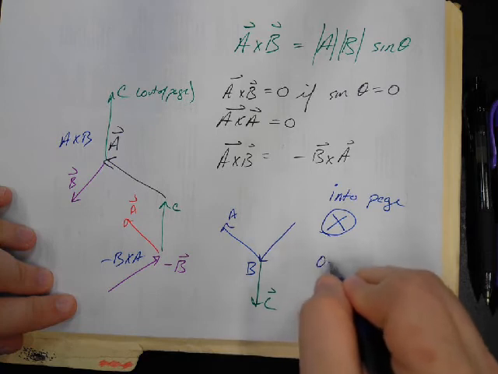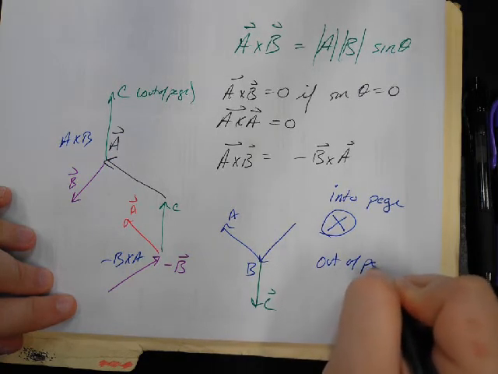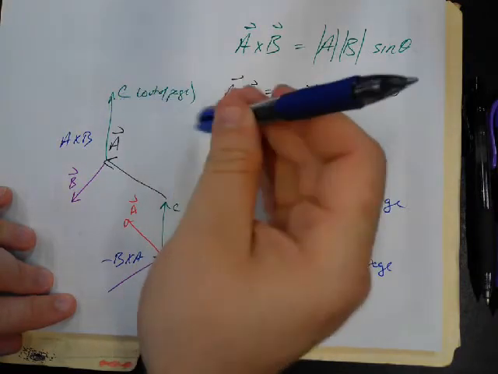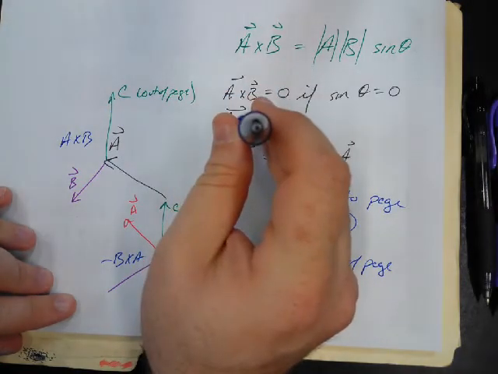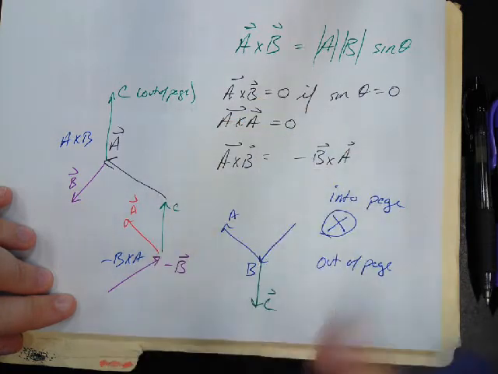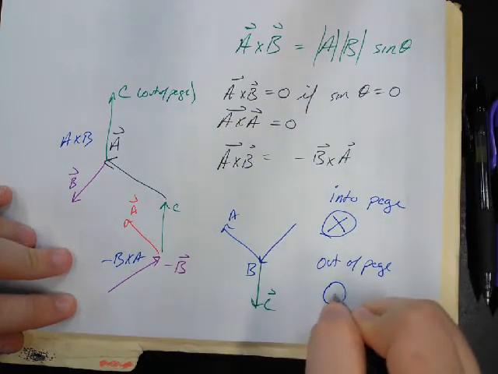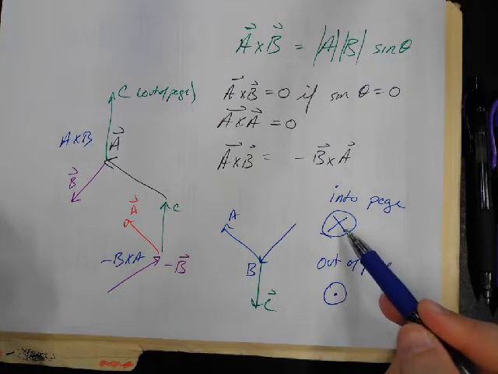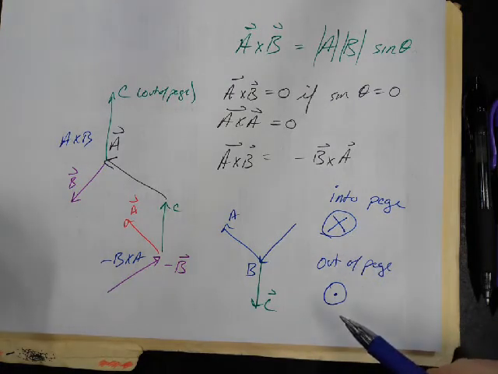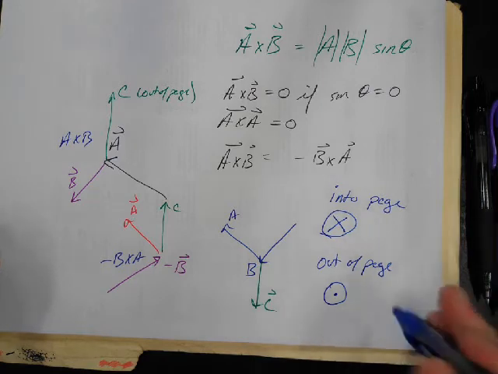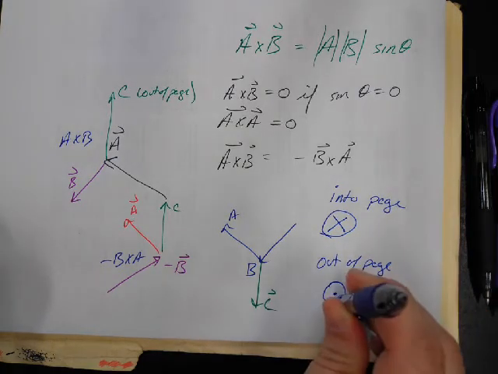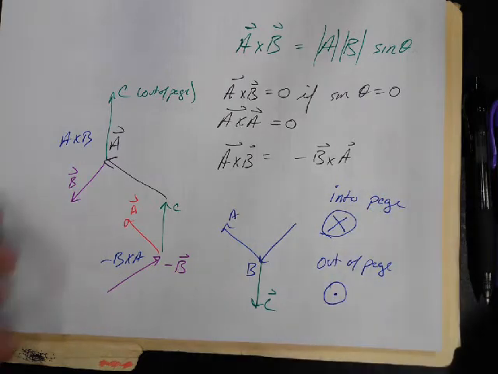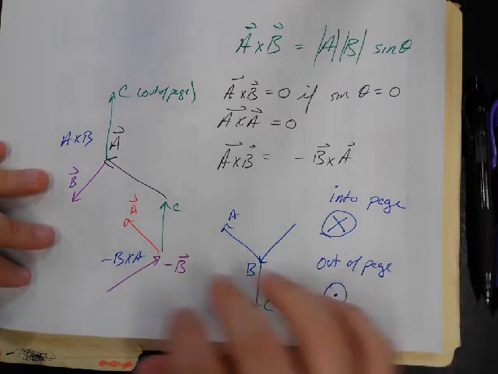Now, out of the page, well, this is our arrow. Out of the page is upwards, and you see the point of the arrow. So that is a circle with a dot. And sometimes we neglect the circle and just put dots or X's for into or out of the page. But this is representing an arrow coming at you here and going away from you here. So that's what we mean by into and out of the page.